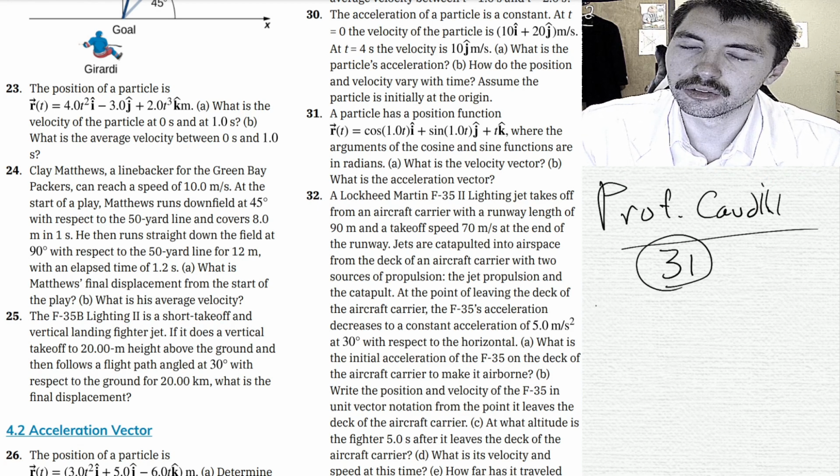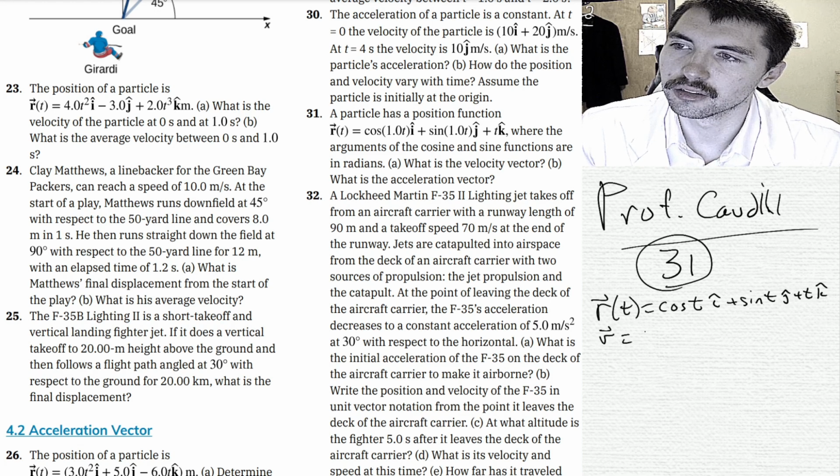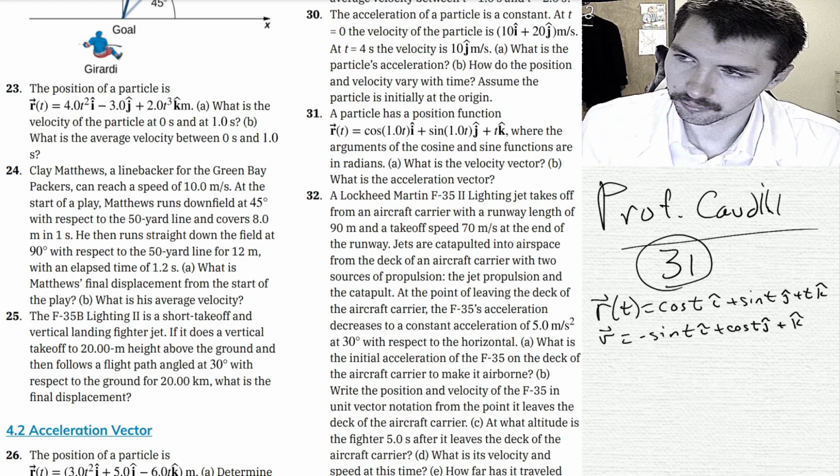Today we are on 31. They want us to differentiate this. Okay, so v is sine t i plus cosine t j plus k hat.